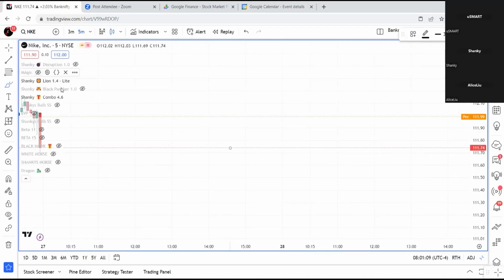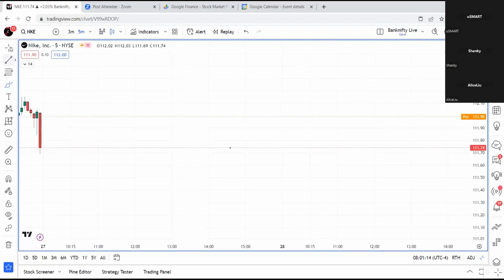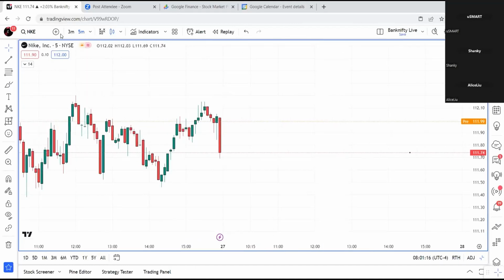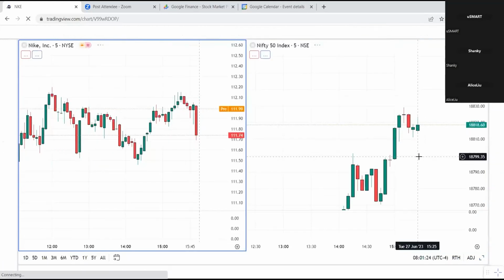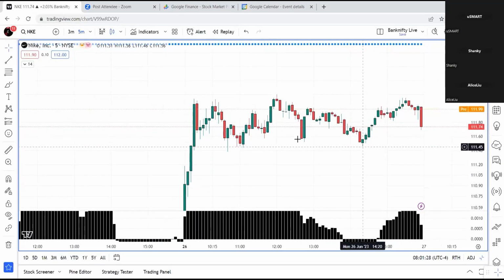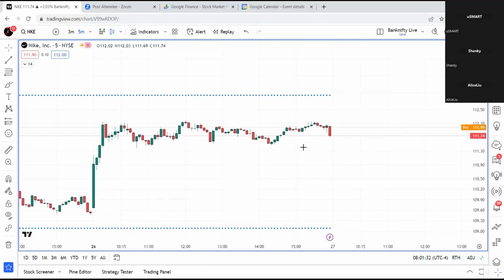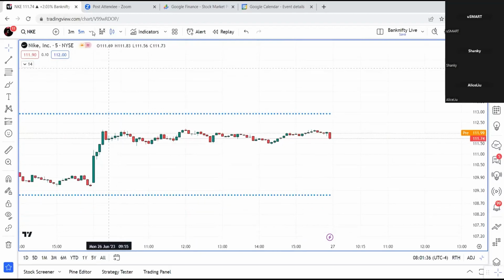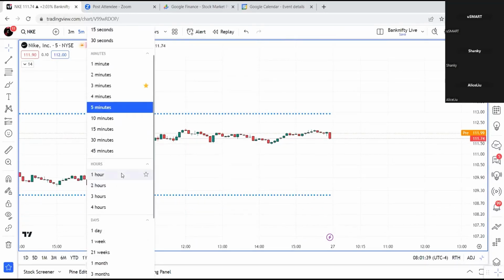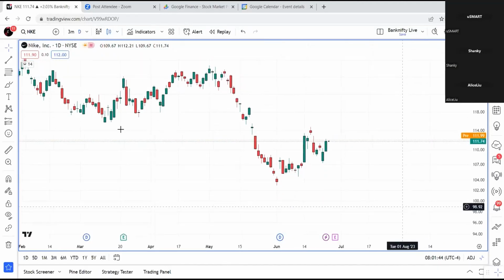If you want to go one-sided, if you know that there might be some movement coming in Nike, go with monthly CPR. Go with the 1 day time frame. Basic thing: put bulb and arrow.